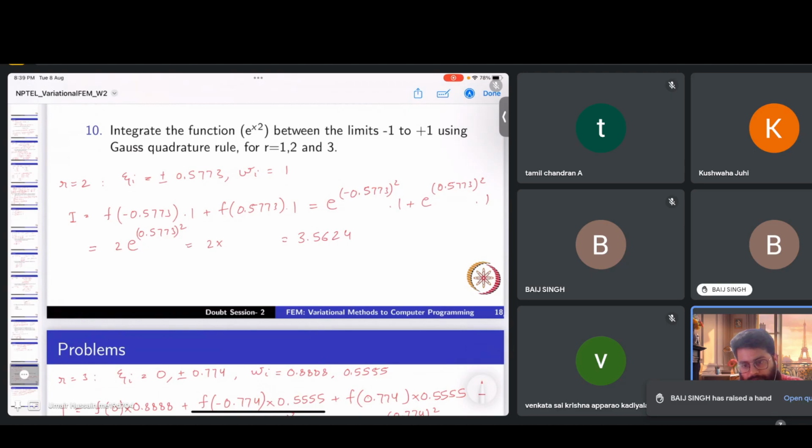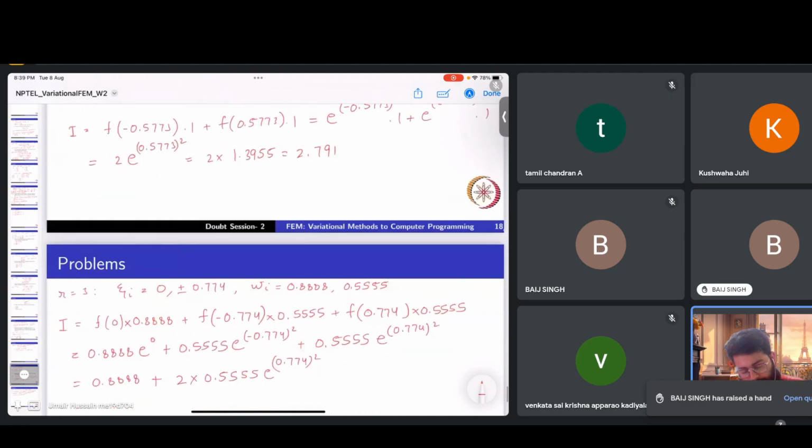Please correct me if you see me doing anything wrong. That multiplied by 2 is 2.791. Okay, this is the correct answer.